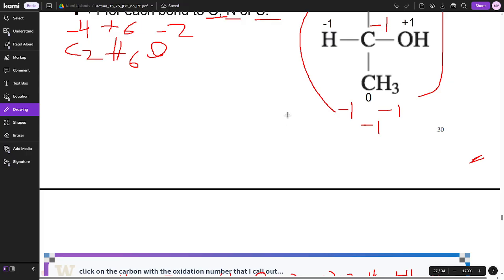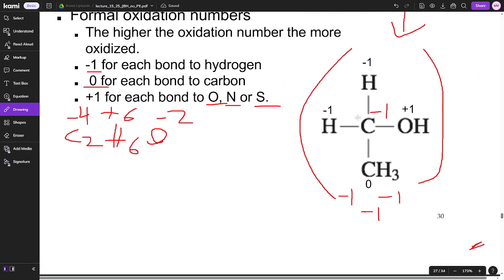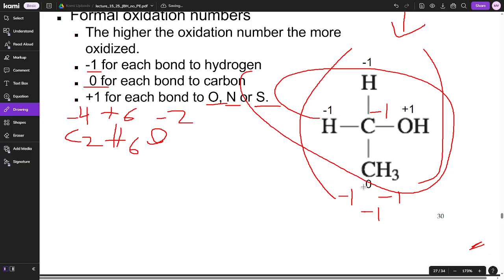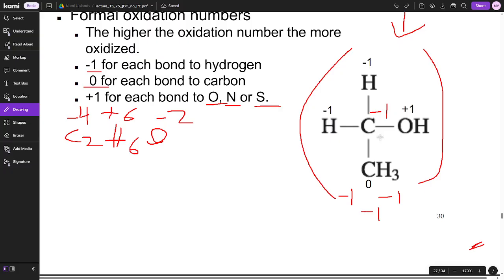And if they're asking for just the overall average oxidation number for an element, you can just do this method here, right? But it depends on what the question is asking. Normally, they're just going to ask you to do this, right? On the exam, they'll genuinely just ask you to give the oxidation number for a specific carbon, right?